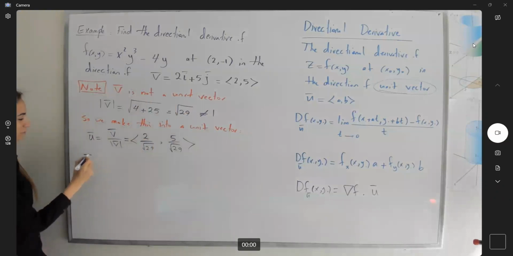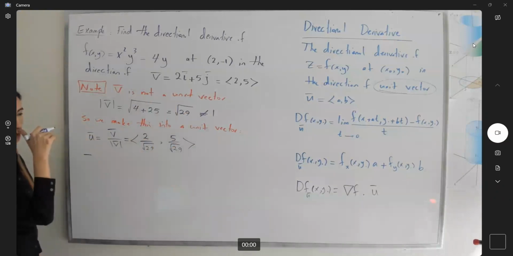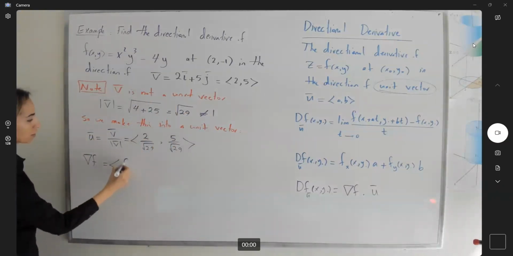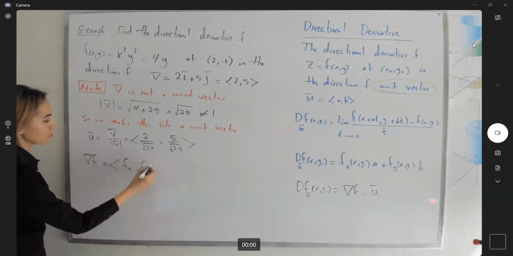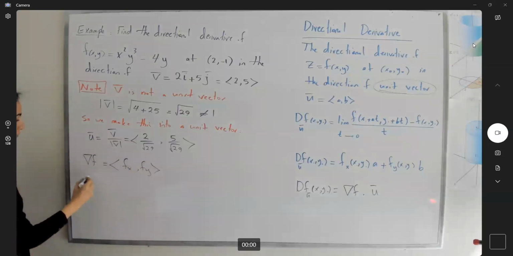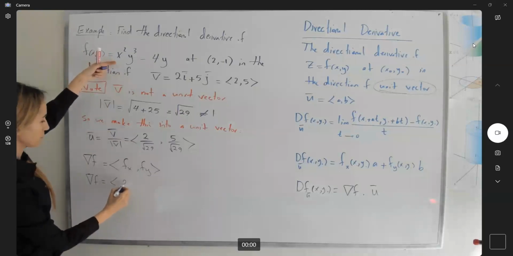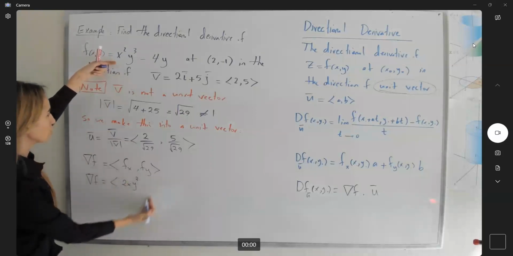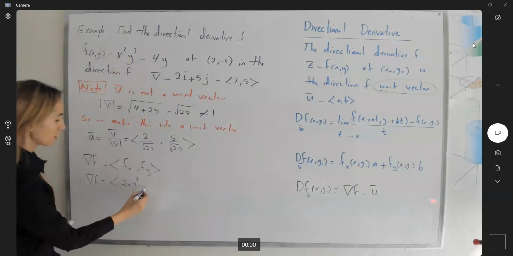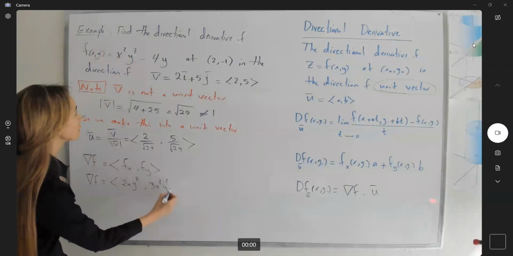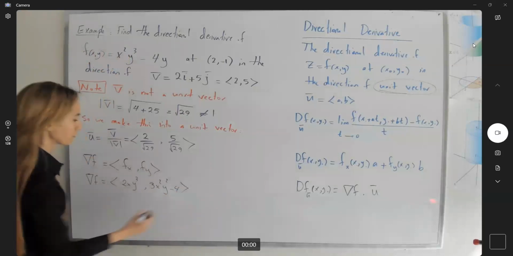So we can find the gradient and then use the directional derivative. The gradient of f is equal to the partial derivative of f with respect to x and the partial derivative of f with respect to y. The partial derivative with respect to x is just 2x y cubed, and with respect to y we have 3x squared y squared minus 4.